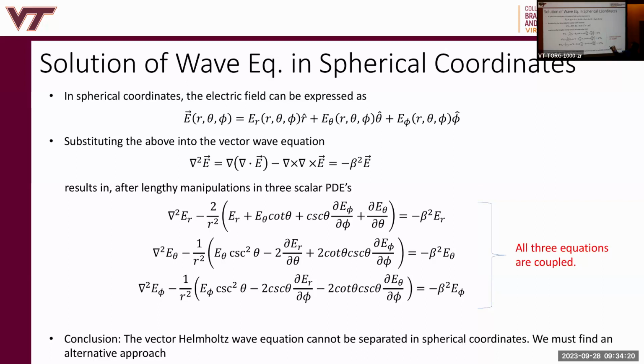So remember what happened in rectangular coordinates? We did the same thing. We got 3 scalar PDEs that were all of the identical form, right? So we could solve any of them for Ex, for Ey, or Ez, and we could obtain the solution for all components analogously. In cylindrical coordinates, we ended up with 2 coupled equations and 1 uncoupled.